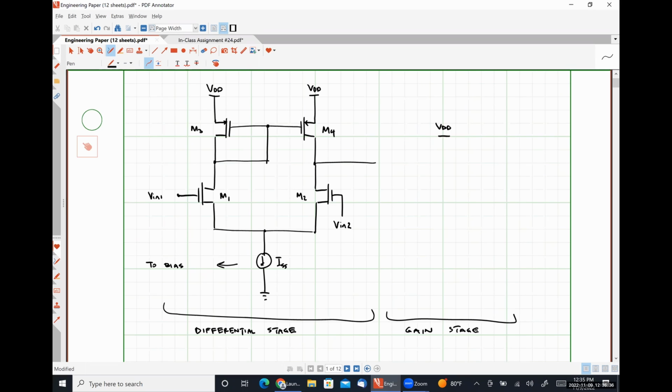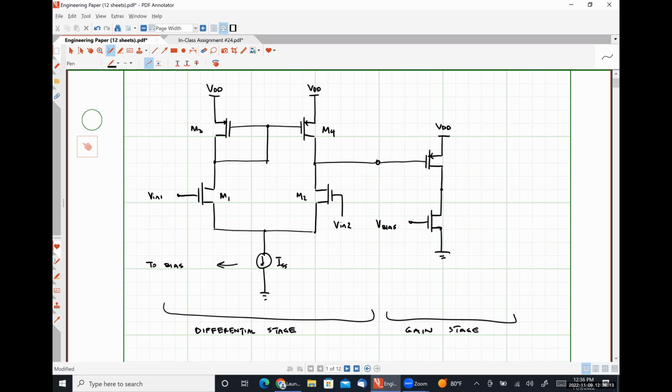Here is VDD. We are going to have a PMOS transistor, and I'm going to put a circle here. So the output node of our differential stage, or our single stage op amp, is going to be the input node of our gain stage. Down here, we are going to have an NMOS transistor. So effectively, we're biasing this with a current source.